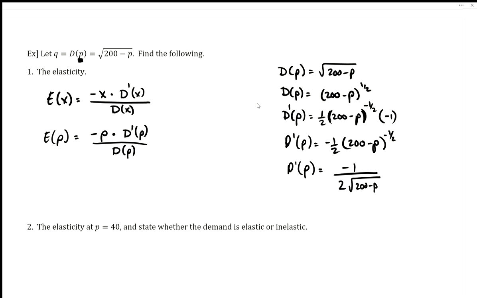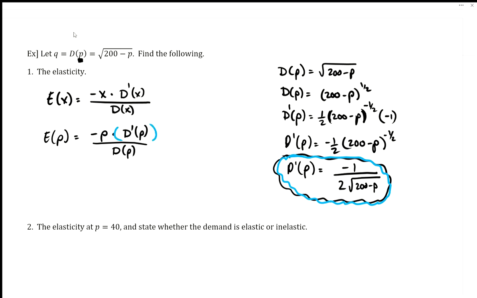Remember, the negative half power, the negative would move it down to a denominator, and then the half power is the same as the square root. So this might be a little better in our scenario. Let me color it in blue to show our substitution. So there's our derivative work, and that's going right here.